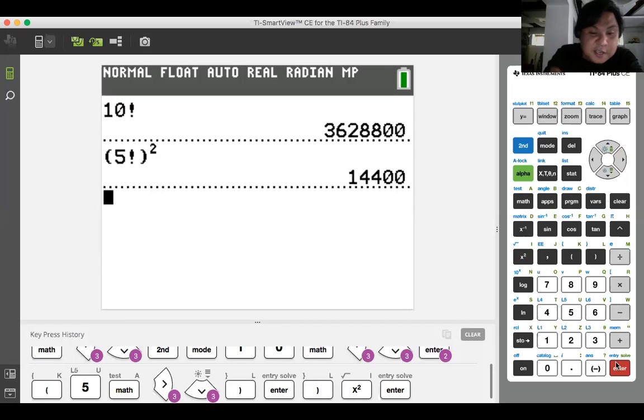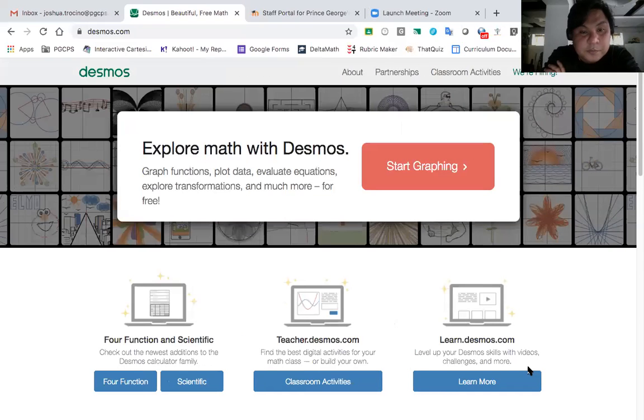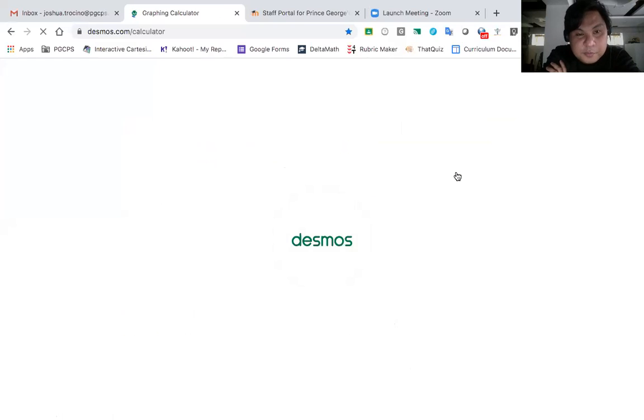Now, what if you don't have a Texas Instruments calculator? The next option that we have would be to use Desmos. So once we go for Desmos, let's just wait for it to load.